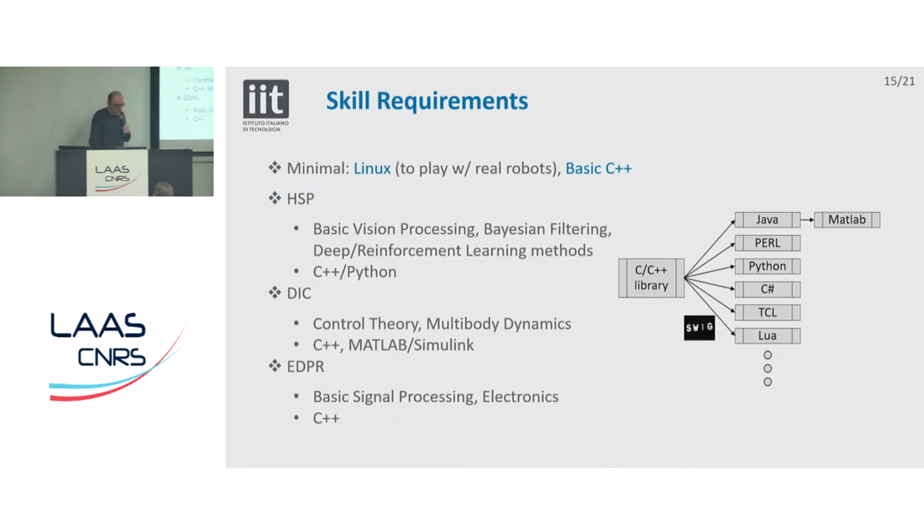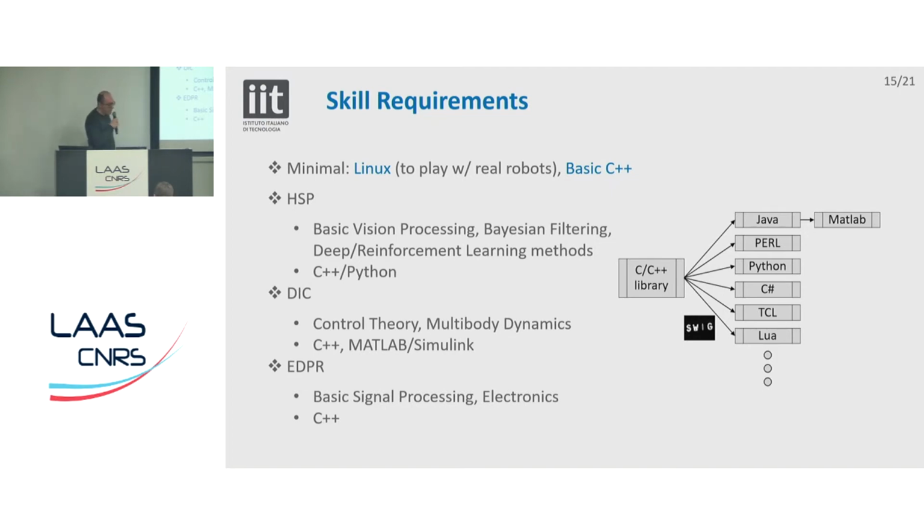In skill requirements, basically, if you want to play with a real robot, of course, you need to be a bit knowledgeable in Linux and a bit of basic C++. Then it very much depends. But as I said before, if you use a Swig, you can have access to YARP and our infrastructure also from different entry points.